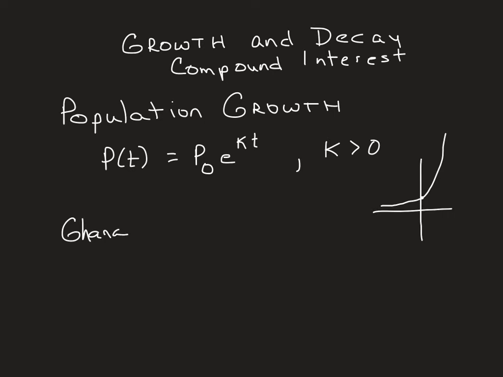The first example we're going to look at is population growth of the country of Ghana. I'm not going to write out everything, but I'll give us some basic information. In 2013, the population of Ghana, which is located on the west coast of Africa, was about 25.2 million, and we have the exponential growth rate.